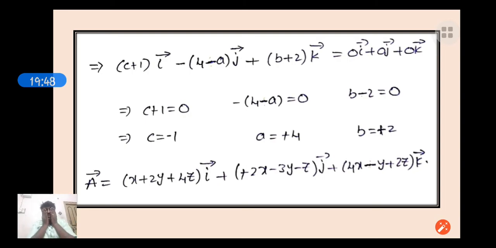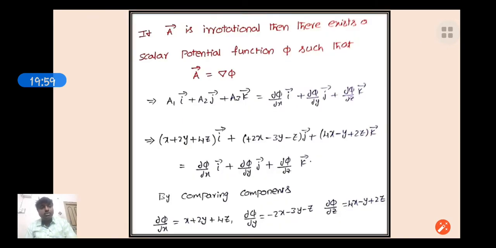Up to here we find the values of a, b, c with the help of a bar being an irrotational vector point function.